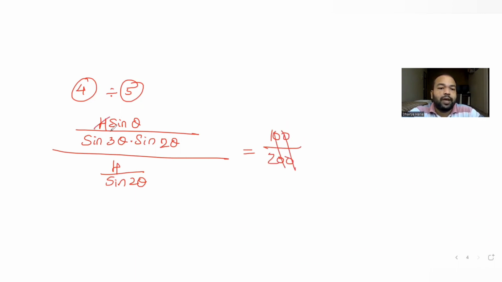That's half. h and h get cancelled, sine 2 theta and sine 2 theta also get cancelled. You are only left with sine theta is equal to half sine 3 theta.